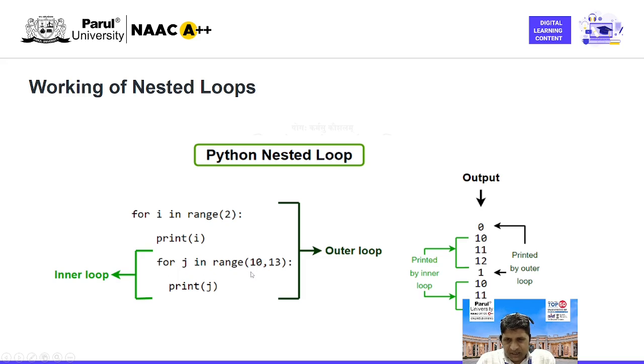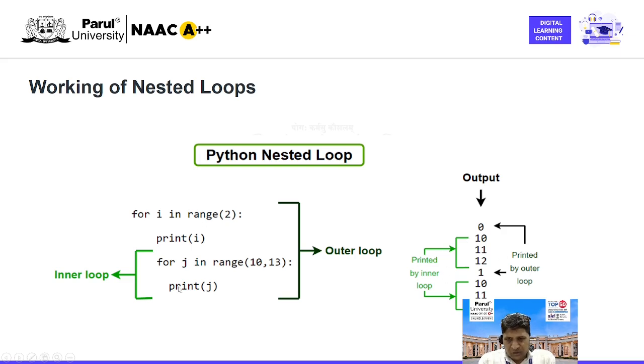For j in range 10 to 13, it means start from 10 and go up to 13, and 13 is not included, that's why it only prints the values 10, 11 and 12. 0 is printed by the outer loop, and 10, 11, 12 are the three values printed by the inner loop.